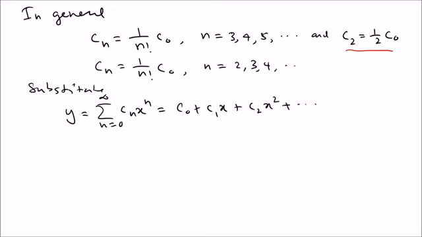So let's plug in here. So when you plug in, what do you get? C0 we leave, C1 we don't get from here, so we can leave that. And then starting with C2, we have a formula. So it is 1 over factorial 2 x squared, 1 over factorial 3 x cubed, like that.